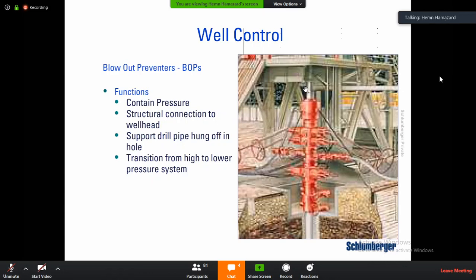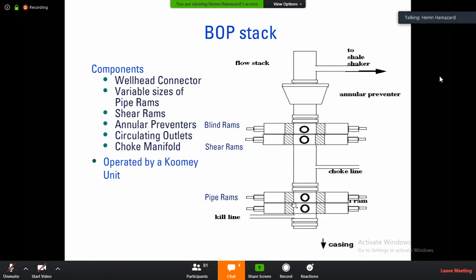So this is the function of the BOP. The BOP stack, as you see here, has various rams. We have pipe rams, shear rams, blind rams, and on the top we have the annular preventer, and then you have the flow line, through which the mud passes back to the mud tanks.